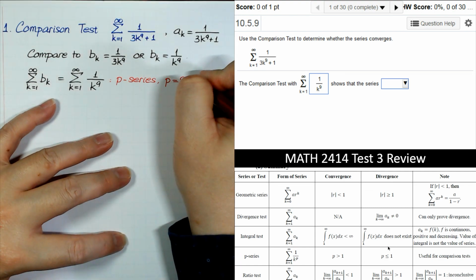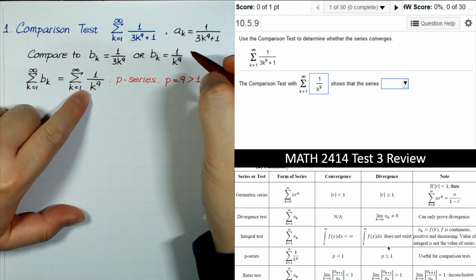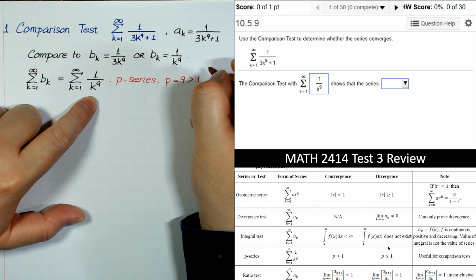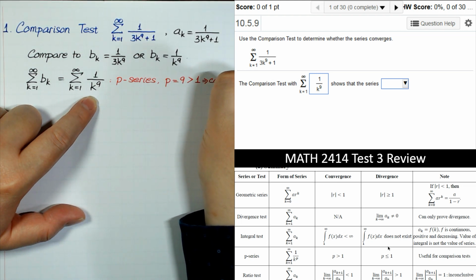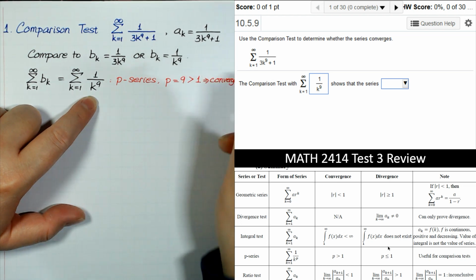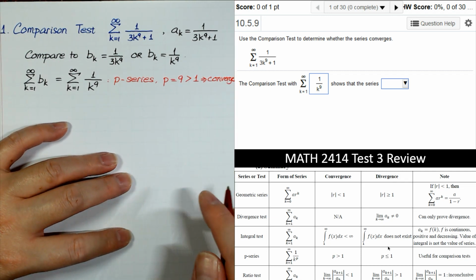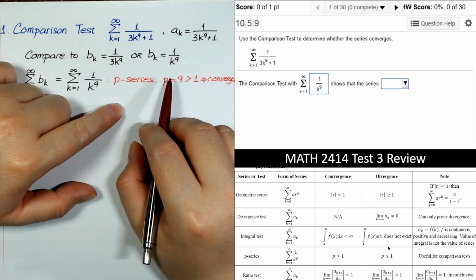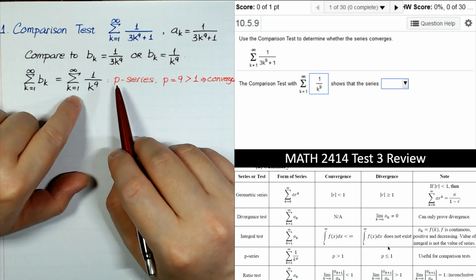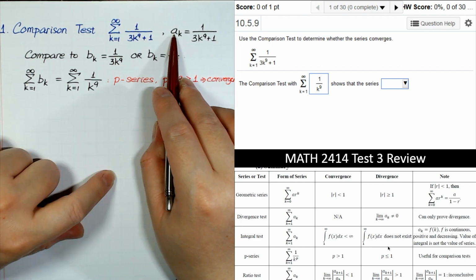So this is greater than 1, so b sub k is convergent. Now if b sub k is convergent and we compare the series of a sub k and b sub k, so a sub k is also convergent.